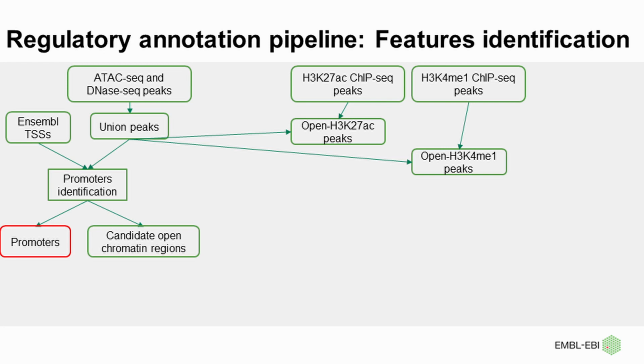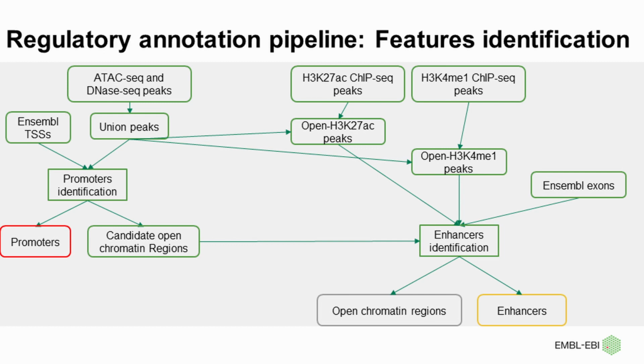So we detect how many of these are overlapping with ATAC-seq peaks, let's say, for identifying which are representing active sites. And then we combine the candidate open chromatin regions with annotations of ENSEMBL exons for identifying the sets of enhancers and open chromatin regions. So at the end, we will have three different types of regulatory features: promoters, enhancers, and open chromatin regions.